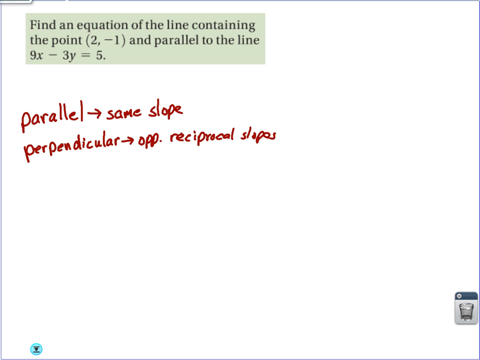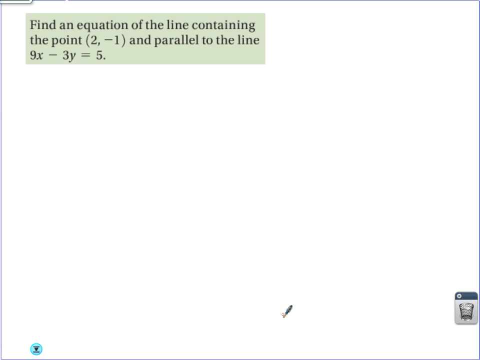So the way we're going to work this is we're first going to try to find the slope of this line. Because we know that if we're looking for a line that's parallel to it, it has to have that same slope. So we take 9x minus 3y equals 5. Sometimes you won't have to go through this step. Sometimes this will be written in slope-intercept form, and you can simply look and see what the slope is. But in order to obtain the slope from this, I'm first going to move my 9x over.